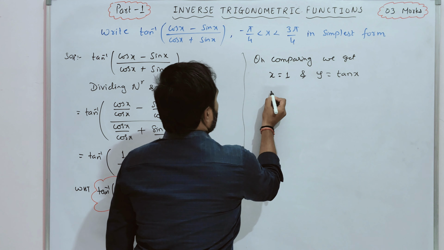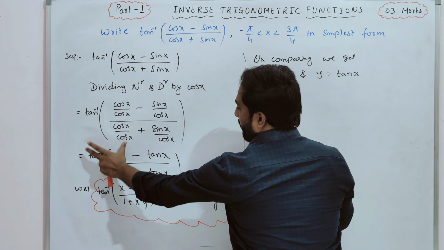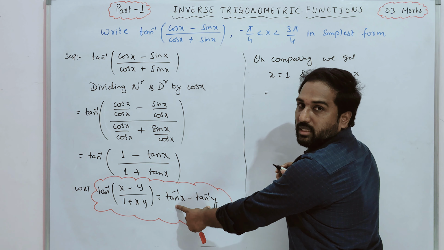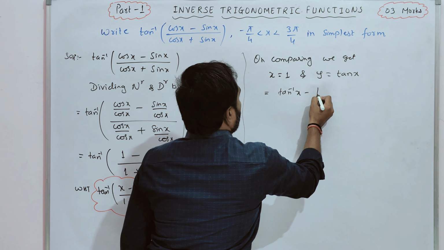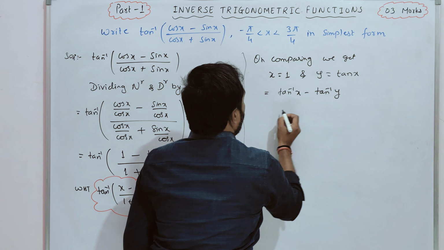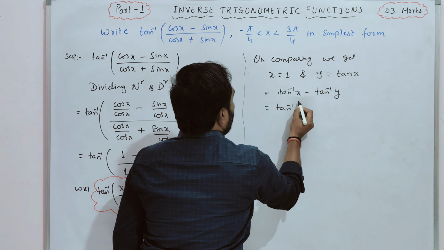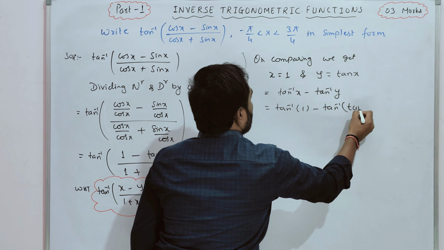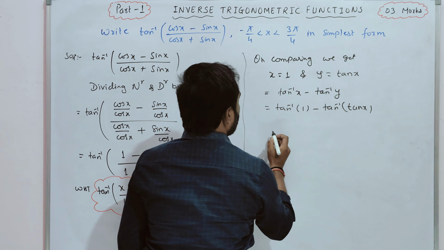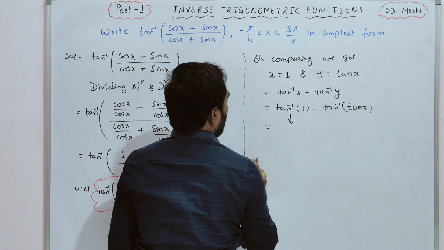So this whole term can be written as tan inverse of x minus tan inverse of y. Now let us use the values. x value is 1, y value is tan x. Now you know these values already.